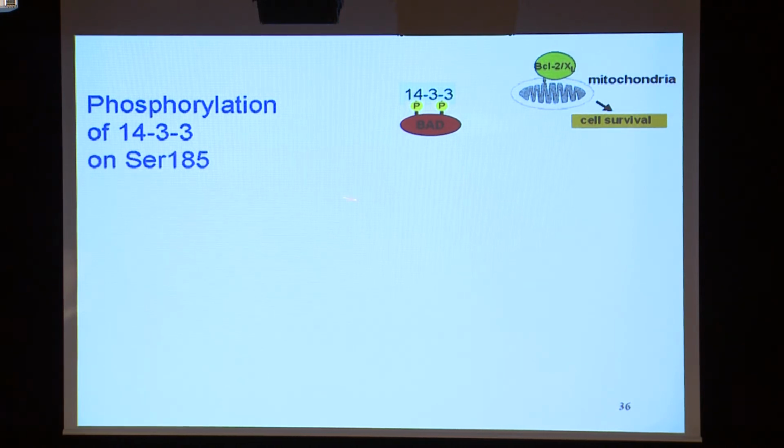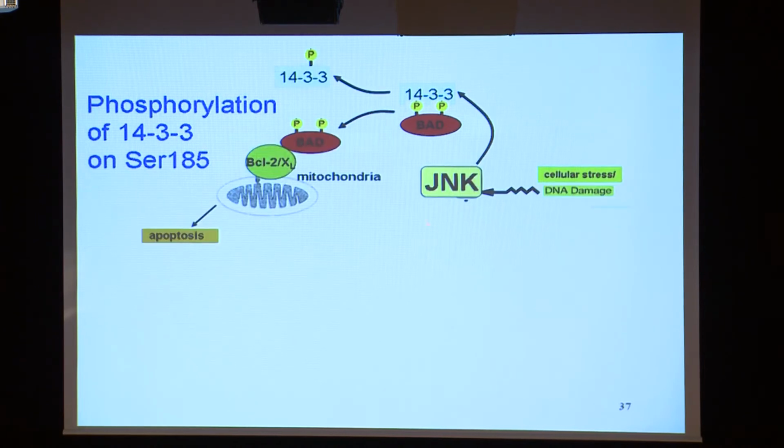And this is in the cytosol of the cell, and it doesn't interact with the mitochondria, and the cell survives. But in response to cell stress or DNA damage, this terminal protein kinase is stimulated.